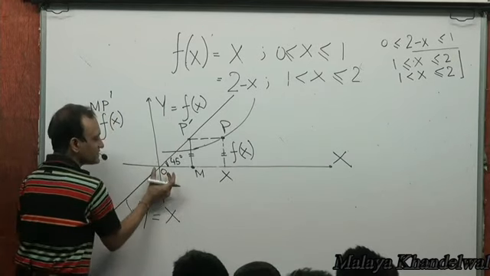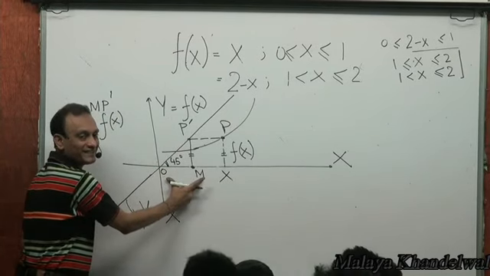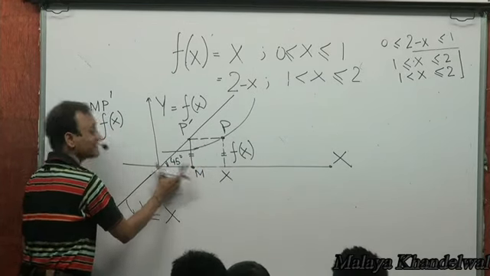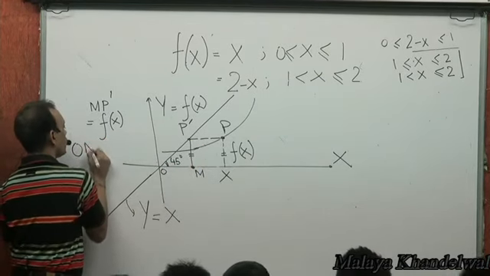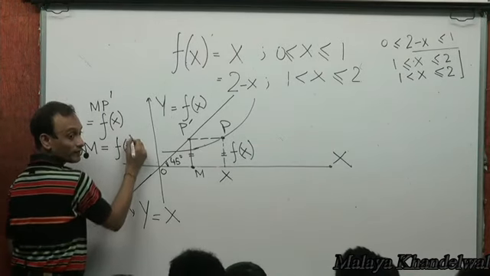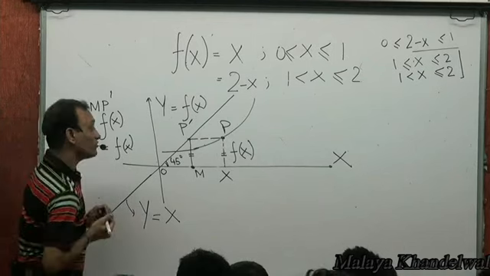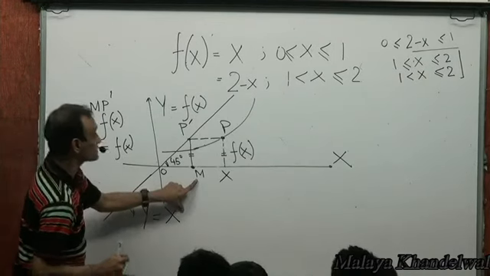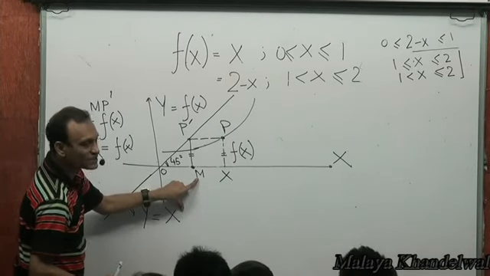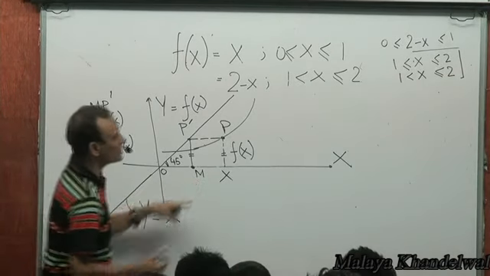So can I say OM will also be f(x) in length? Because this is f(x), OM will also be f(x) in length, right? Now if OM is f(x) in length, that means the x coordinate of M is f(x), yes or no?